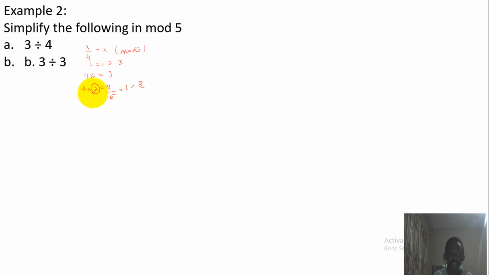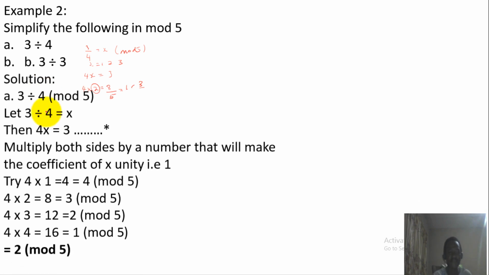That should be 2. The answer for it should be what? 2. Basically, therefore, let's say here 4, then the answer should be what? 2. It should just be 2 in mod 5.